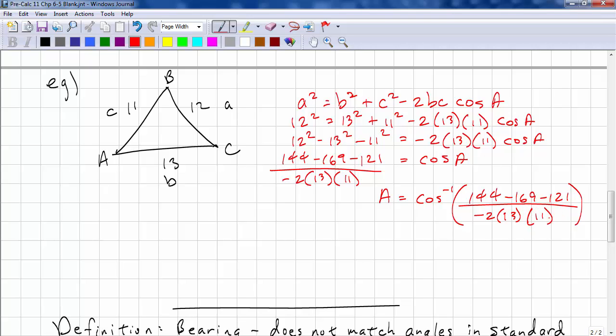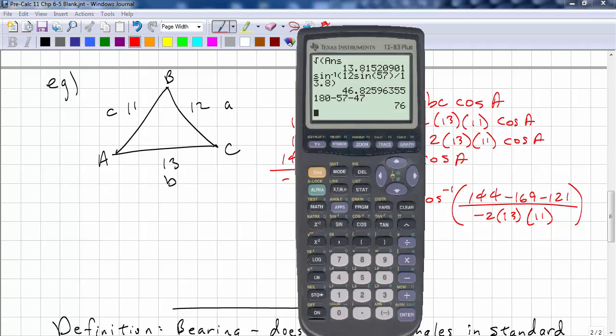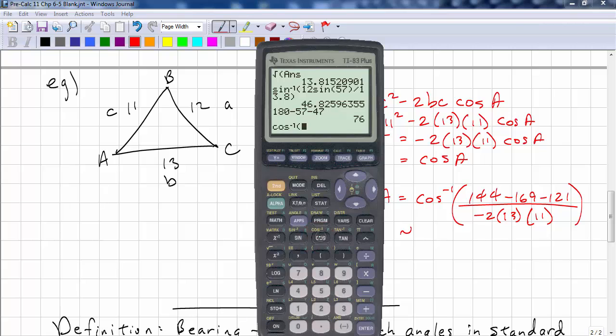And we can plug that in our calculator without any intermediate values, so we don't get any rounding errors. Inverse cos, bracket. Because there are terms, we need brackets, otherwise it won't evaluate it properly. Brackets around the numerator, divided by negative 2.